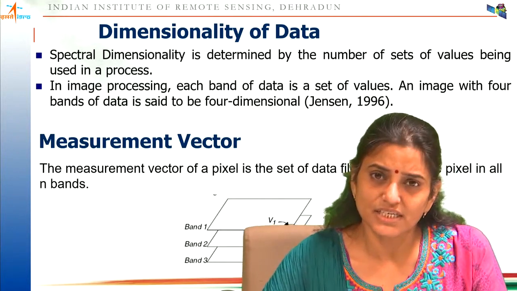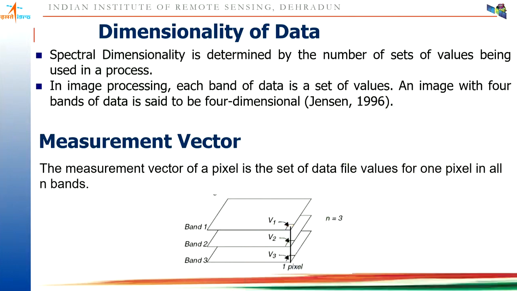So now going into the details of digital image classification, we will be talking about a few terms that we will be using in our session. The first term is dimensionality of the data. People with some statistics background must know what we mean by dimensionality of the data.